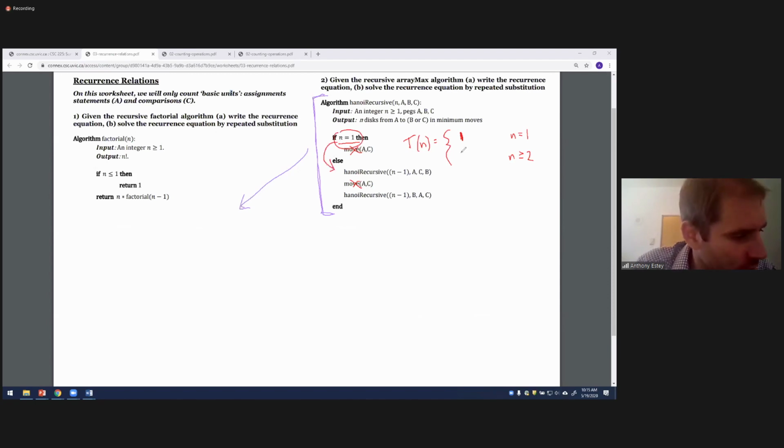But then we're actually going to have to figure out how many operations occur in both of these. We've got 2 recursive calls that we need to count up, plus the one from the original if condition. Just to keep it simple, I guess it depends on how that move is implemented.